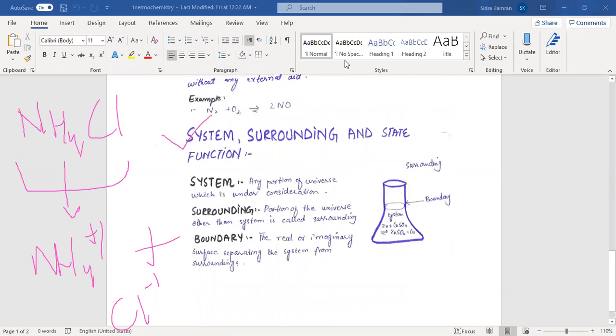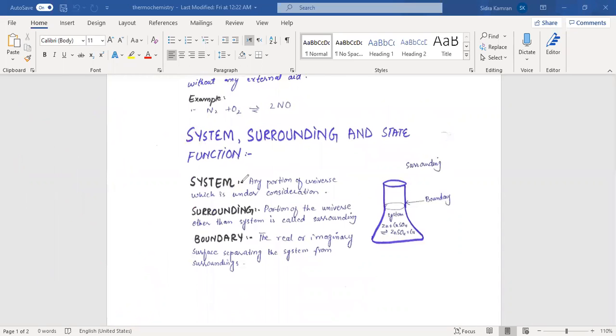This is the first topic that is included from this chapter. What are system, surrounding and state function? For example, this is a flask. This flask has a zinc plus copper sulfate solution. This is a system.